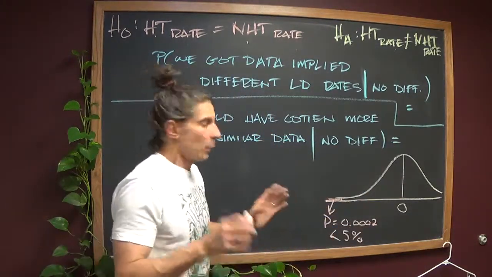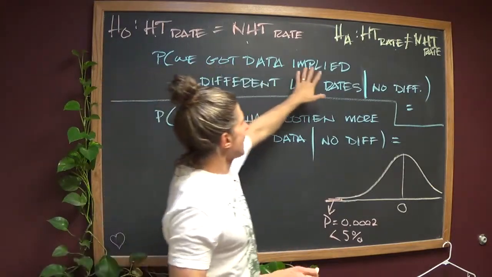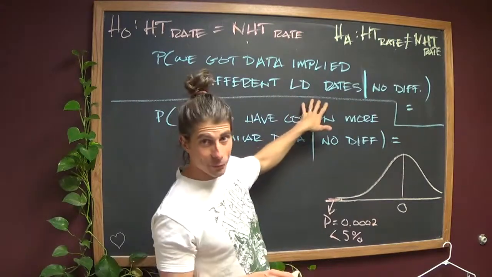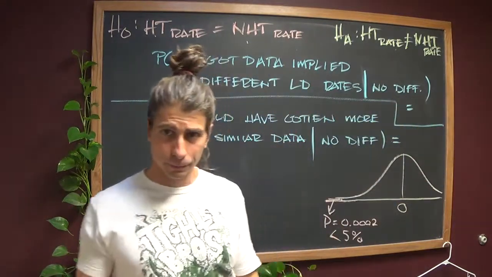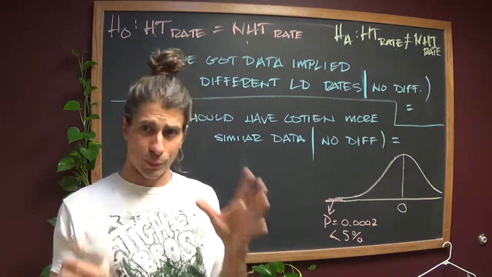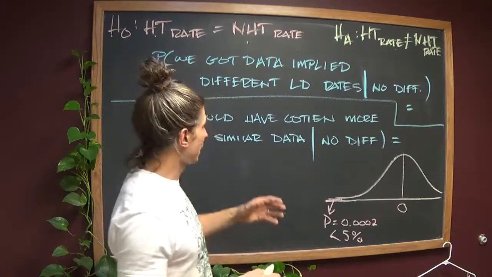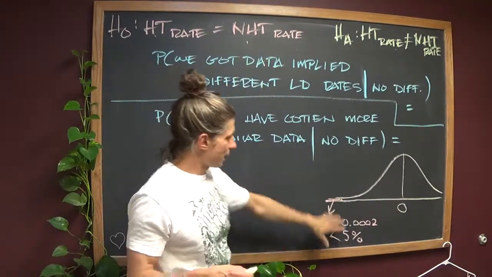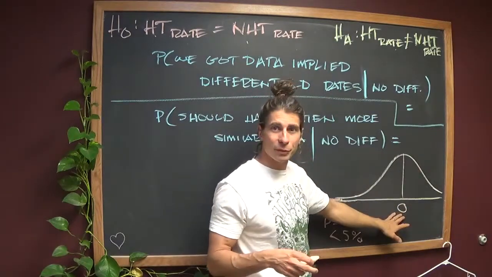Good. But what I wanted you to make sure that you could read is this statement. What's the chance that we got data that implies that there are different rates if we're assuming that there was no difference in rates? So when you hear that out loud, read it to yourself or have me read it to you right now: you got data that implied the rates were different, but you were assuming that there was no difference.